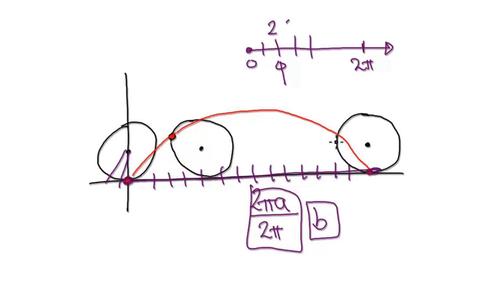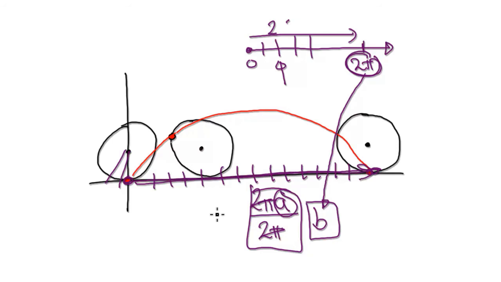So by the time B gets to 2 pi, if you put this into the B, you can see that these two cancel each other out. It will have traveled a distance of 2 pi A, which is this whole thing here. If you tidy this whole thing up, it will be AB.